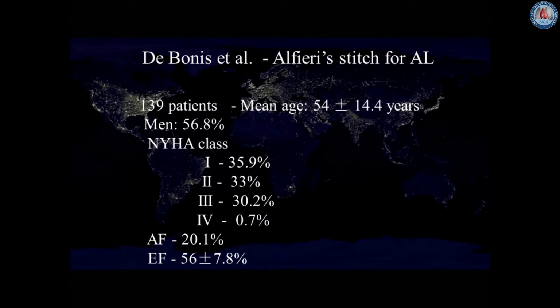They had only 139 patients, relatively young, with a mean age of 54, and just over half were men. Most patients, at least 2/3 of them, were asymptomatic or minimally symptomatic. Only 30% had class 3. 20% had atrial fibrillation, and the mean ejection fraction was 56%.